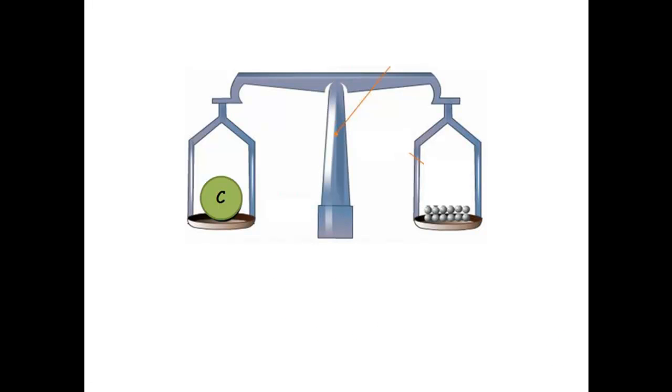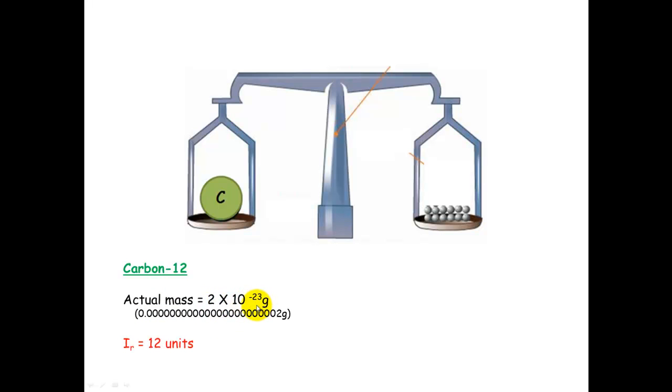Let's have a look at this diagrammatically. Here I've given you one carbon atom, and we'll say that's carbon-12. Its actual mass is 2 by 10 to the negative 23 grams, but instead we've said that it's got a relative isotopic mass of 12 units.